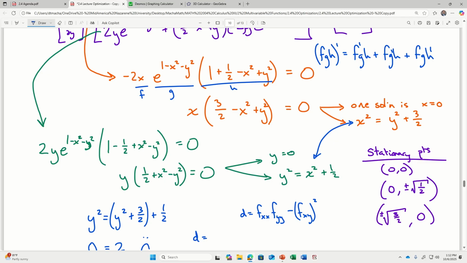Then I would have to do the same thing, partial with respect to y, of this green stuff, and then multiply those, and then also do a partial with respect to y of that stuff, which would be obnoxious as well.